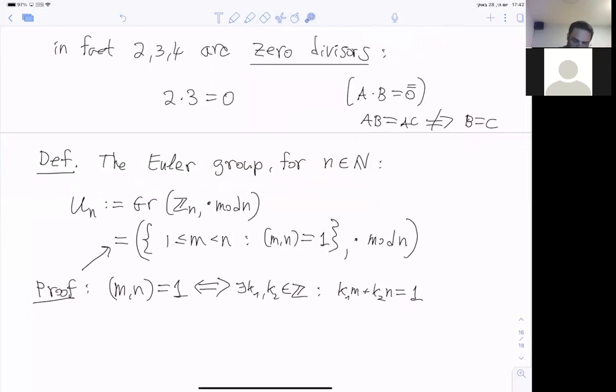And this means that m is invertible modulo n, because the multiple of n is 0.